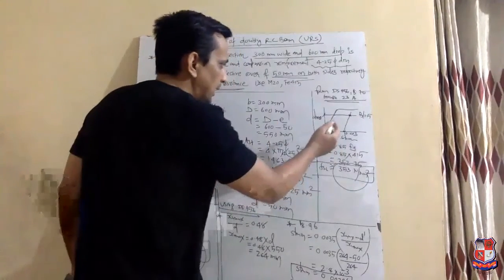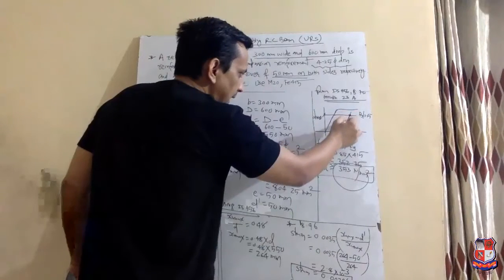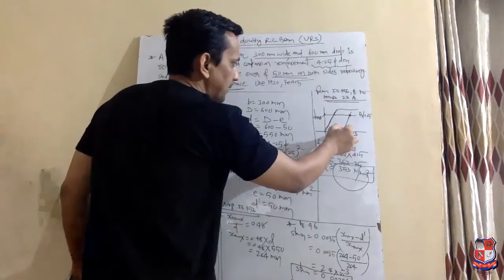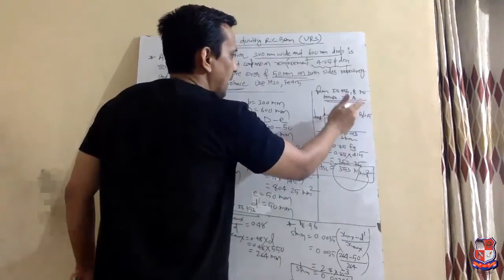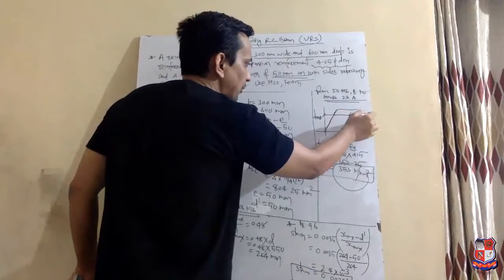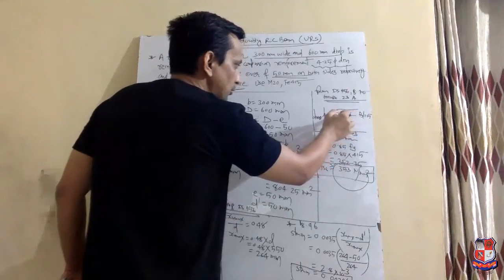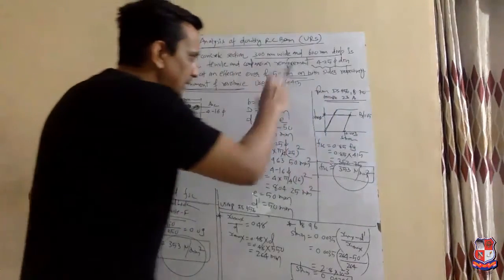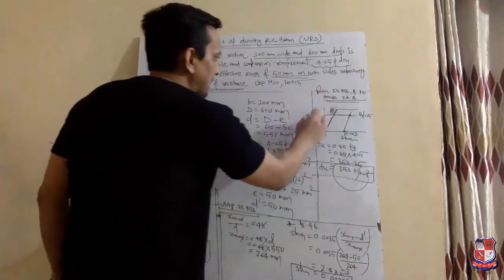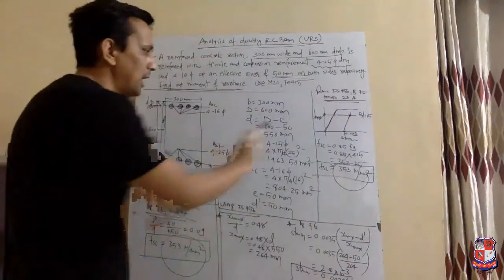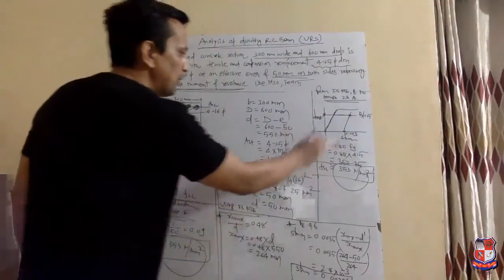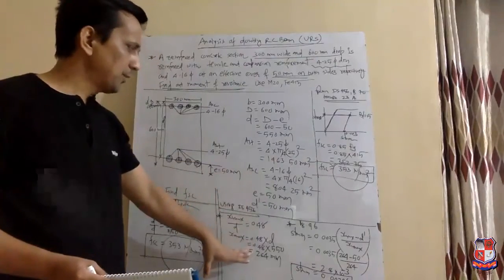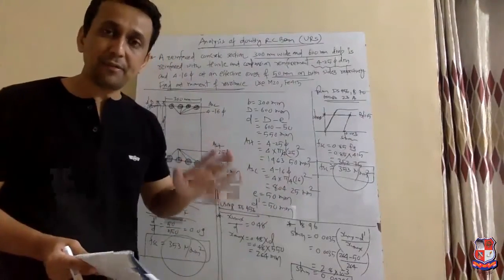So what you need to do is draw a parallel line with this line from our corresponding strain, and where that parallel line intersects the Fy upon 1.15 line, corresponding to that straight line, you have to find the stress value. When you look at graph 23a, you will find the stress value 0.85 Fy, and putting the value of Fy, you will get the value of FSC. So in this way, using IS 456, we can get the value of FSC.